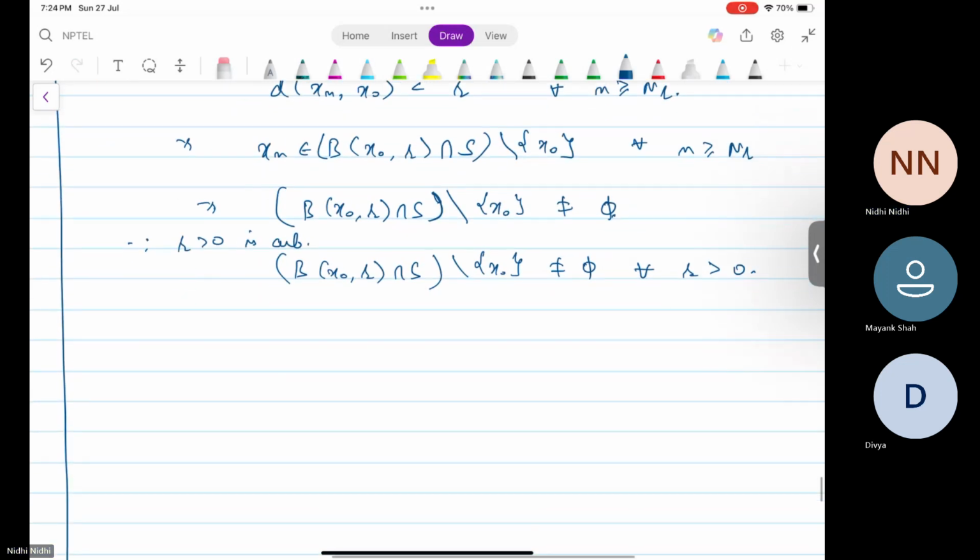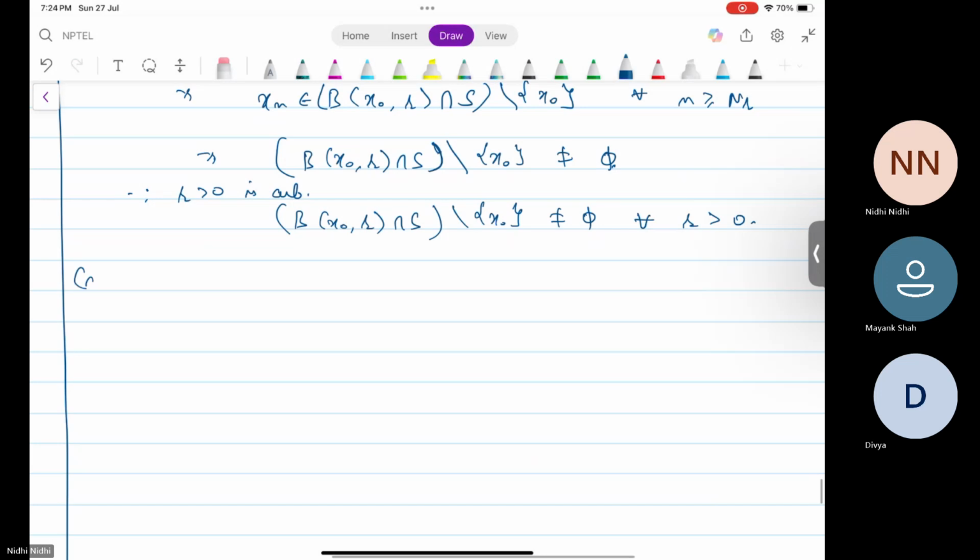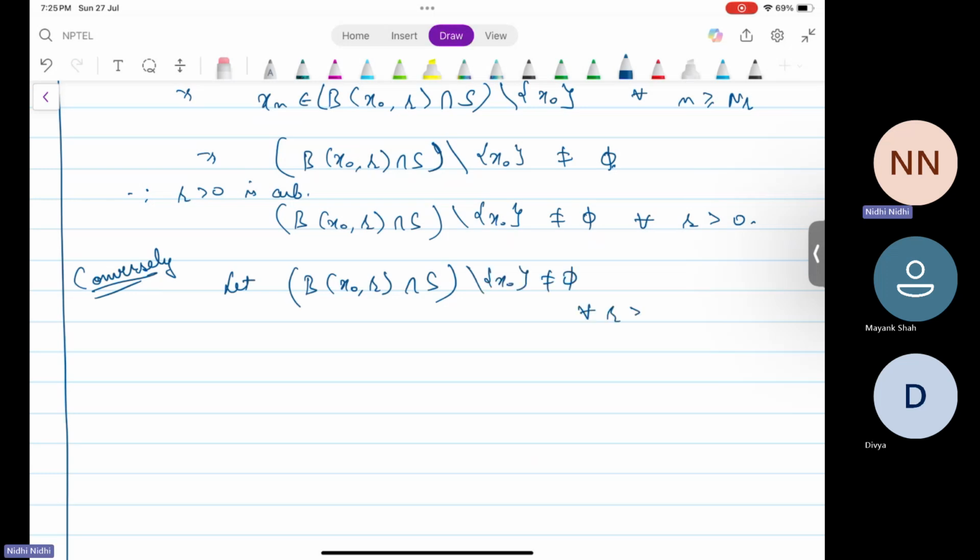Conversely, suppose B(x naught, R) intersection S minus x naught is non-empty for every R positive.